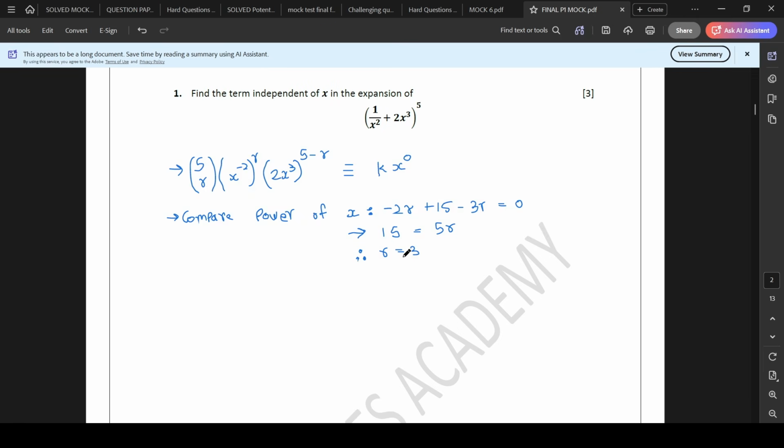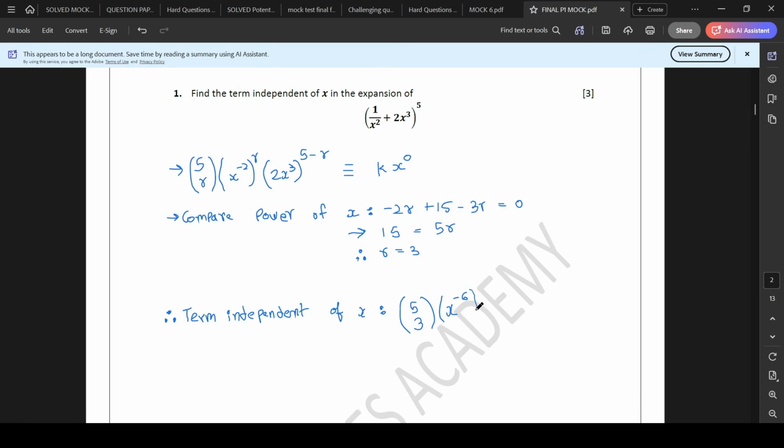The moment I'm getting r is equal to 3, I can substitute r is equal to 3 over here, and the output of this bracket at the end is going to give me a constant value. We can go ahead and check it. I'll just write therefore, term independent of x is 5C3 times x to the power of minus 2 into 3, which is minus 6.